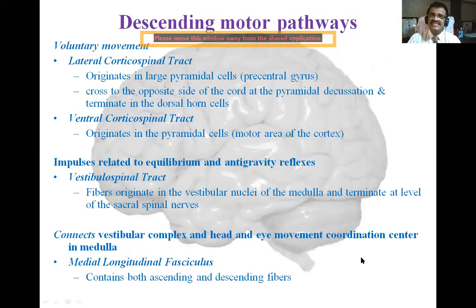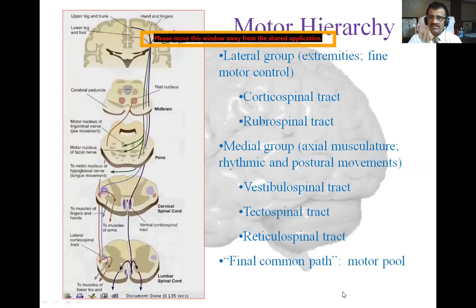Now these are the descending tracts, like for movement. These are all motor tracts: lateral corticospinal, vestibulospinal, and medial longitudinal fasciculus. You have to study these tracts in more detail in the nervous system part of your physiology subject. I'm just showing you the tracts because they pass through it.